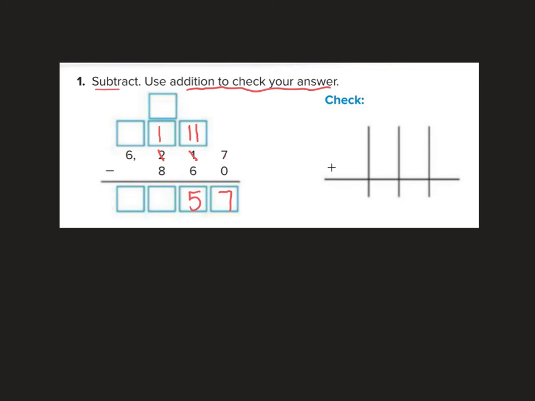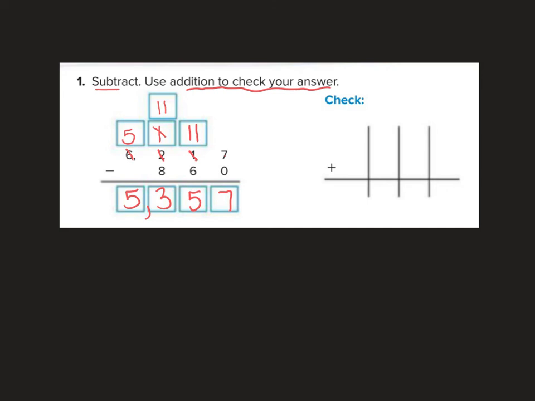Oh no, I can't do it. Go next door and get 10 more. Now I have 11 hundreds. 11 hundreds minus 8 hundreds is 3 hundreds. 5 minus 0 is 5. So my answer is 5,357.